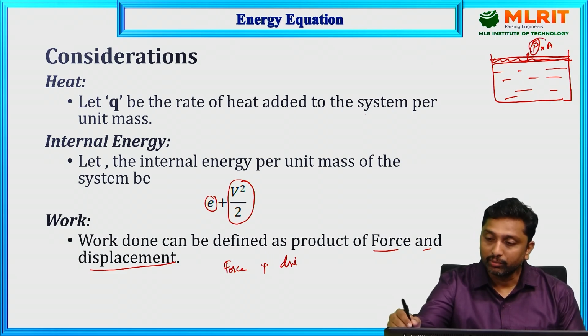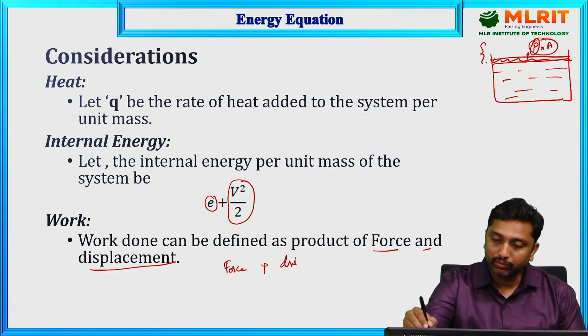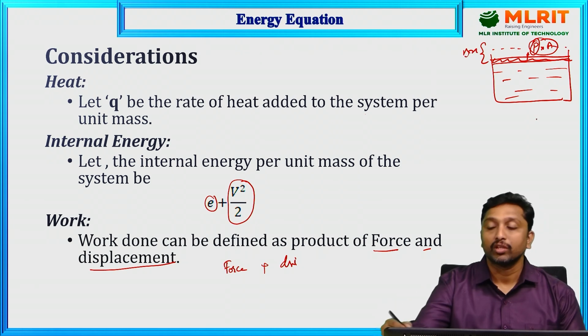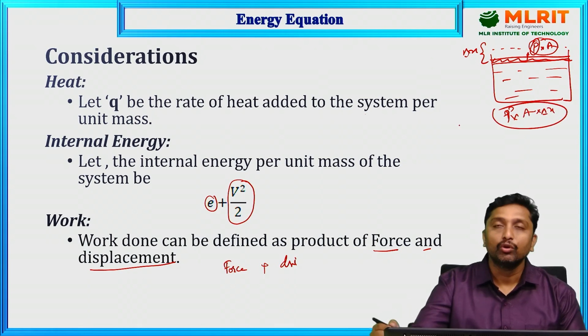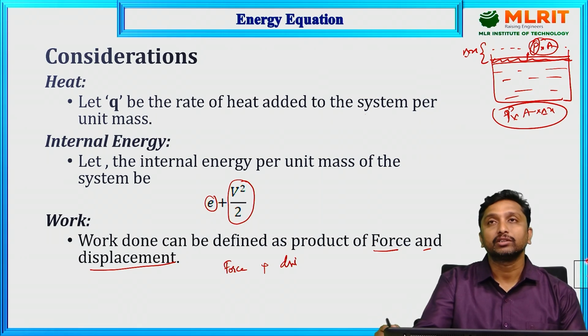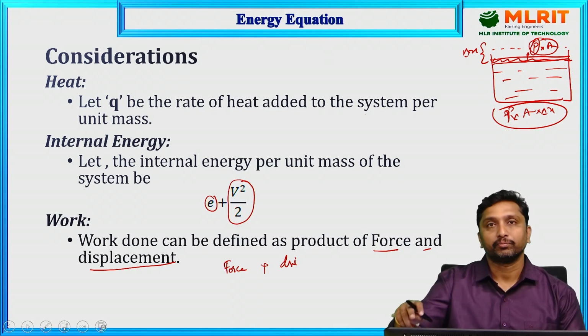This is the force part, and the displacement is delta x. So P into A into delta x is the work done by the gases on that particular piston.